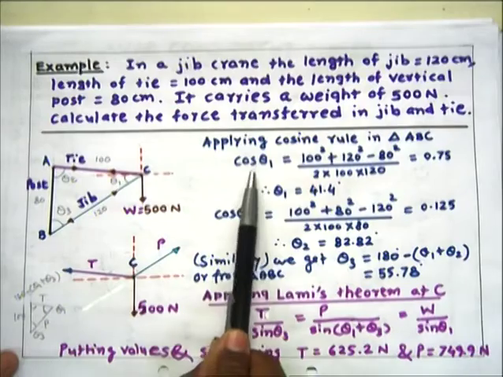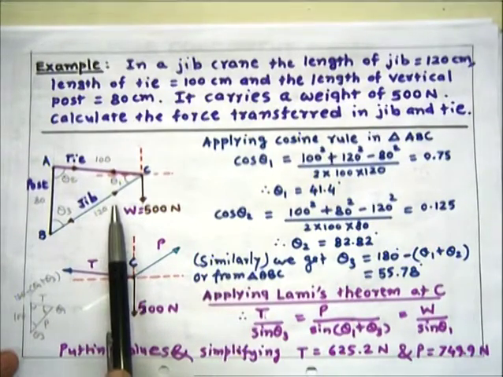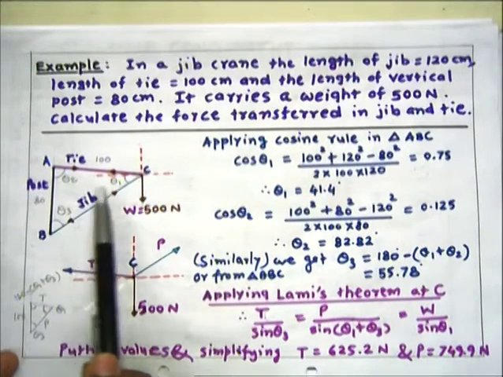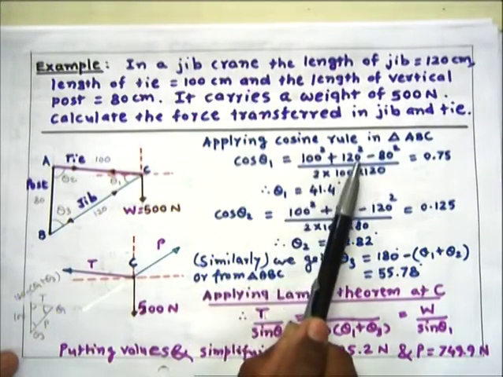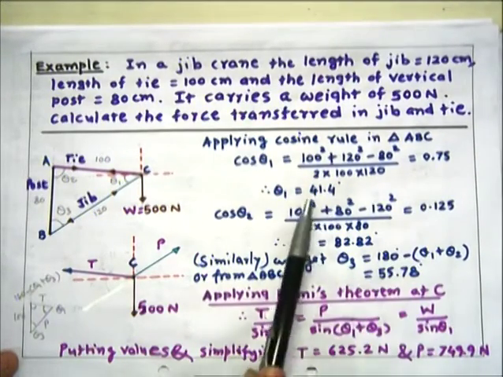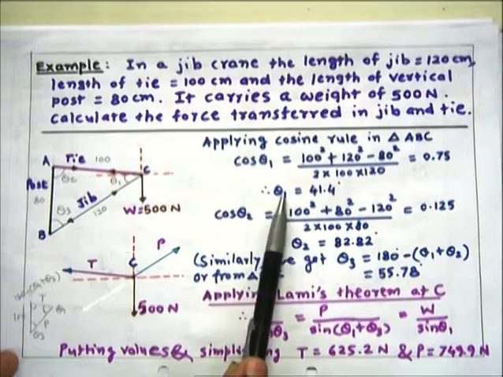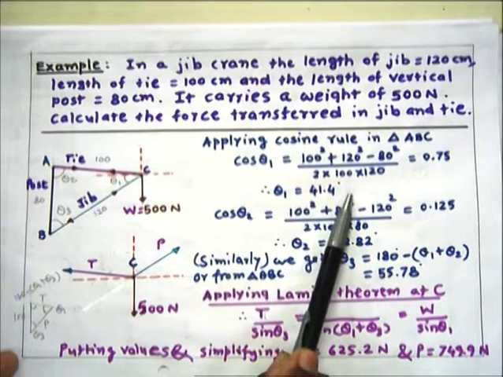So here cos theta 1 is equal to 100 square plus 120 square minus 80 square divided by 2 times 100 into 120. So using this cosine rule, we have cos theta 1 equal to 0.75, which will give theta 1, on taking the inverse, as 41.4 degrees.